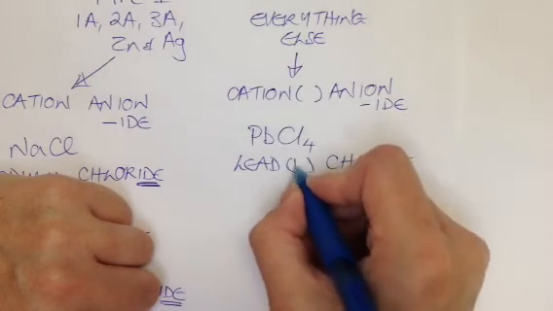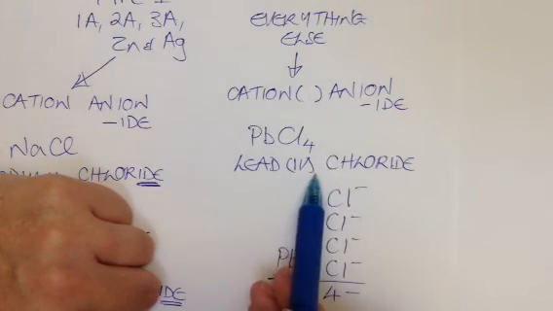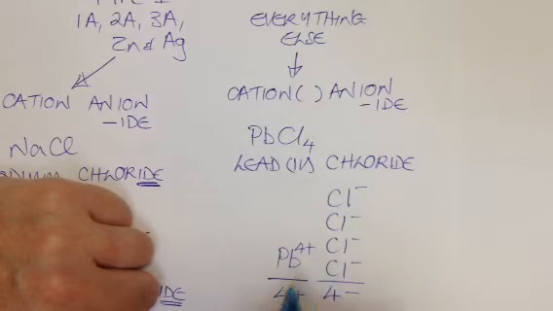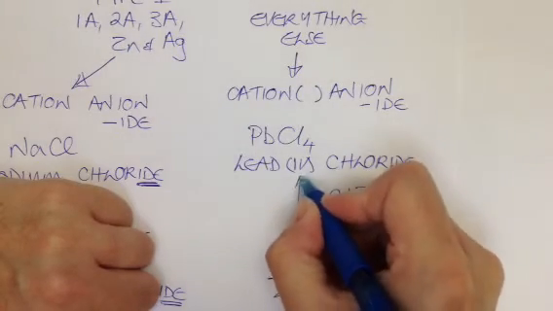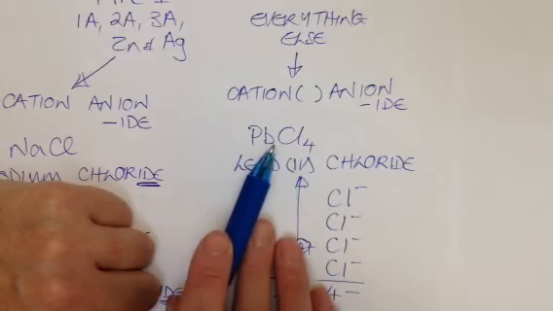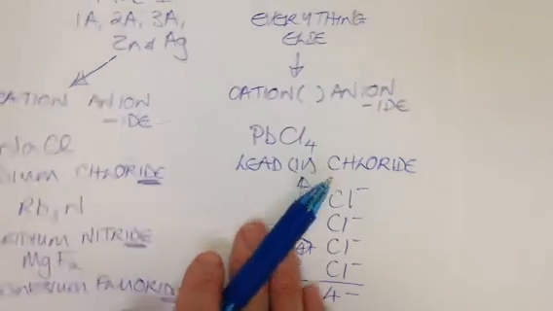So that means that the charge on the lead is 4, and so the number that we put in Roman numerals is 4. So it's lead(IV) chloride, which means that the charge on the lead is 4. This number in Roman numerals is not the subscript on the lead, it is the charge on the lead.